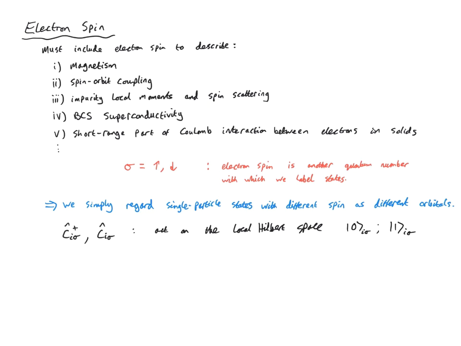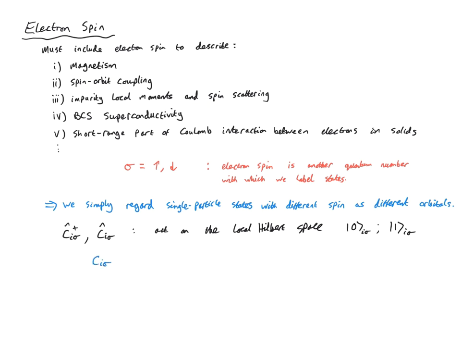So c_{iσ}† and c_{iσ} act on a quantum orbital iσ. So we just carry this extra label, and everything else is exactly the same about the algebra. We just regard the different sigmas as different orbitals.